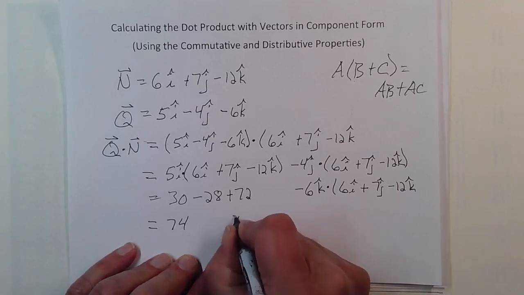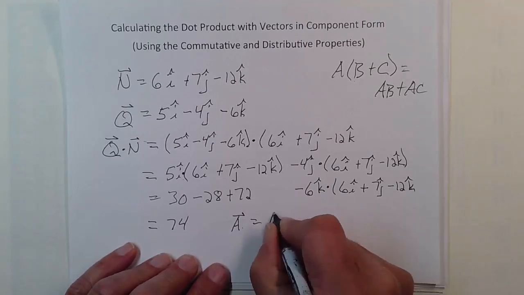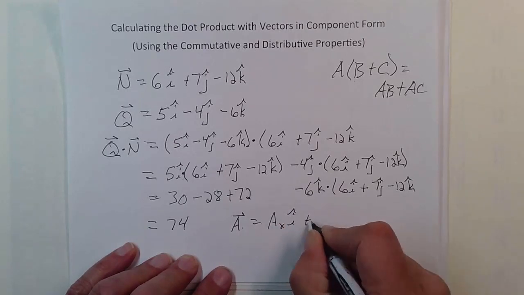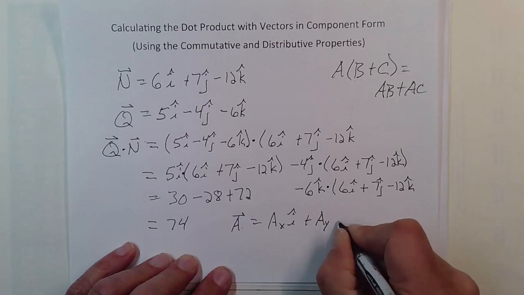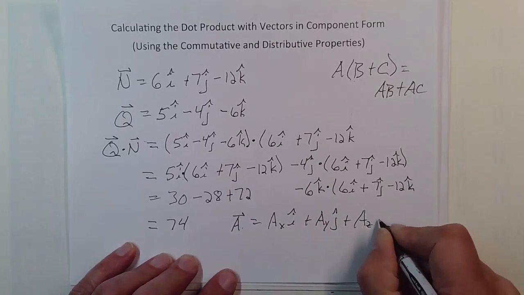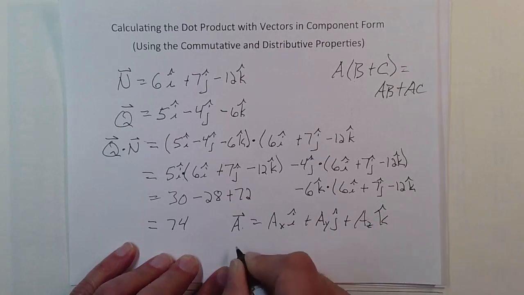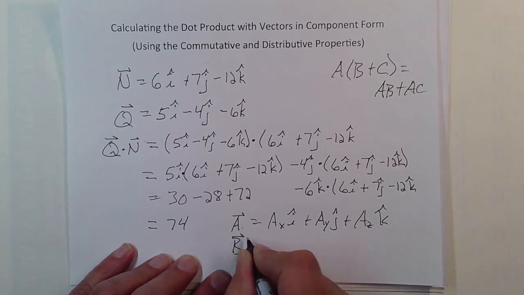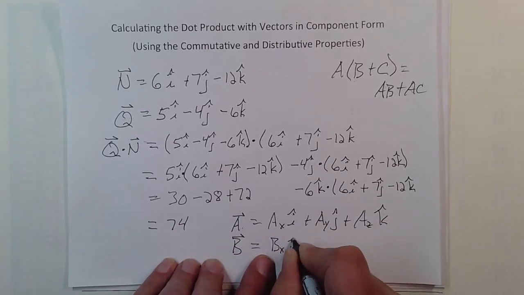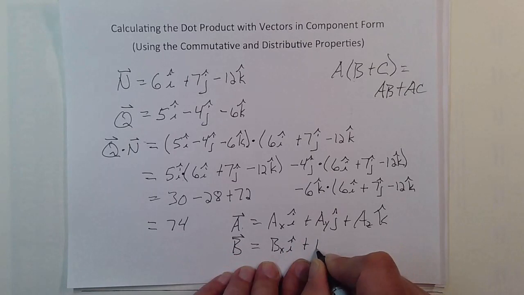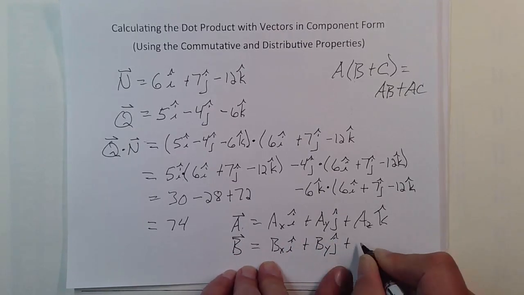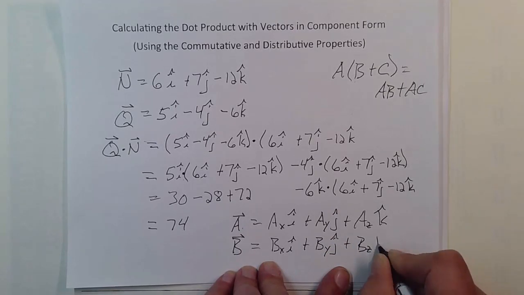If you have a vector A, which has an x component in the I hat direction and a y component in the j hat direction and a z component in the k hat direction, and a vector B, which is comparable, it's got an x component in the I hat direction plus a y component in the j hat direction and a z component in the k hat direction.